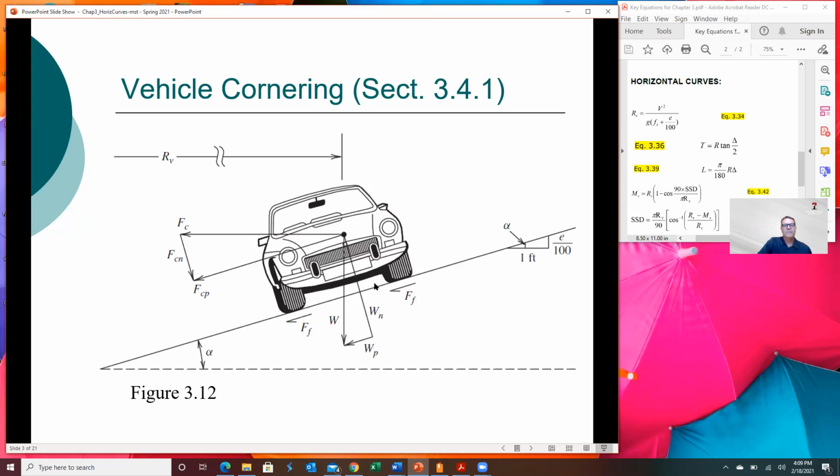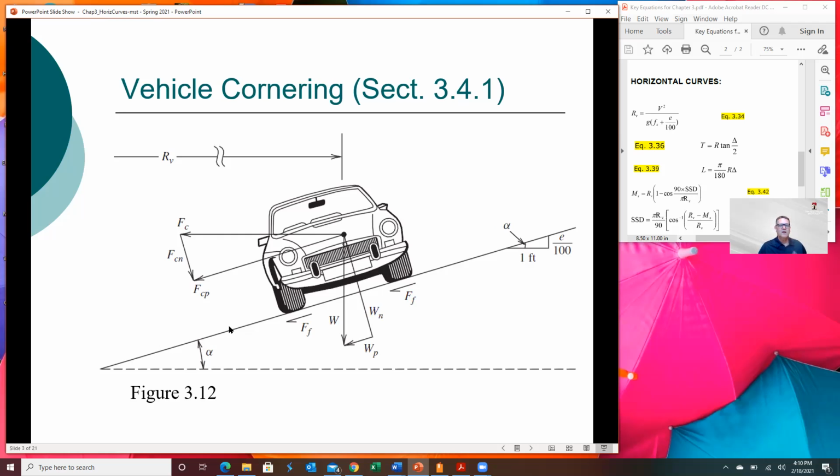So you can see a vehicle traveling through a curve is very rarely perfectly flat, i.e. you see this angle here. See, the cursor helps, it's big. And the angle alpha here, even though this makes it look like it's 30 degrees or something, is generally a more gentle angle than that.